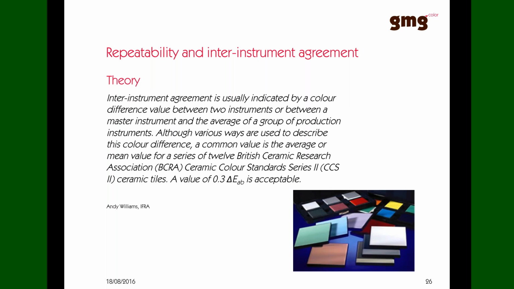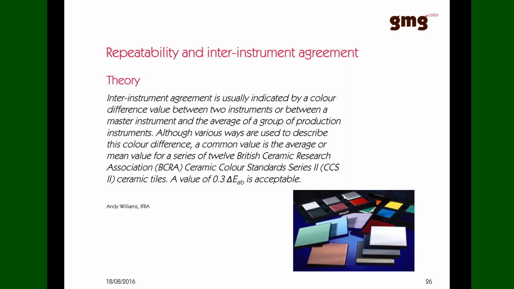So what's the theory about repeatability and inter-instrument agreement? Andy Williams from the IFRA, the World Association of Newspaper and News Publishers, wrote: the inter-instrument agreement is usually indicated by a color difference value between two instruments or between a master instrument and the average of a group of production instruments.